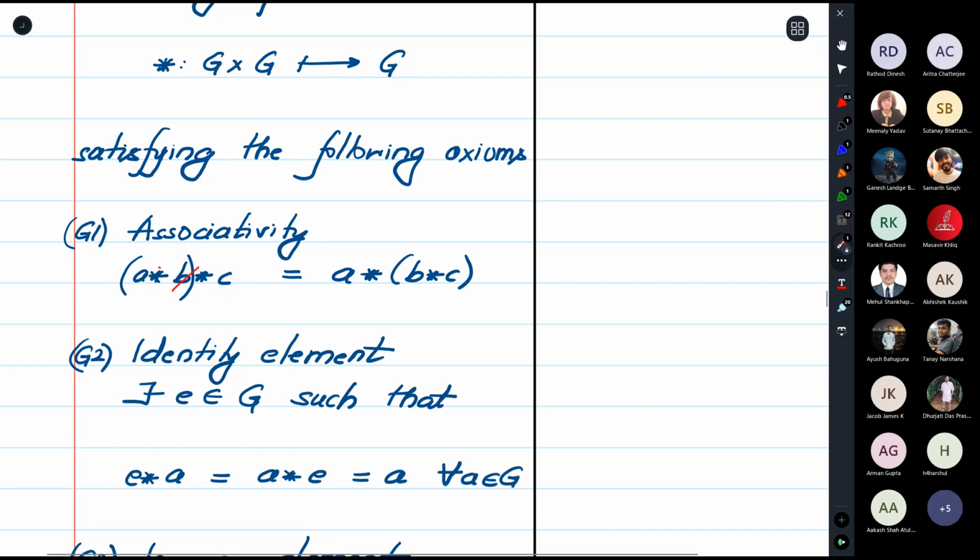Whenever I'm given three elements, the first question that may arise is, should I first perform the operation between A and B, and then take that output and perform the operation with C? Or alternatively, should I first perform the operation between B and C, and then perform the operation between the resultant and A? You may end up with some element in G. The associativity property says that however you perform the operation, the resultant in G would be the same.